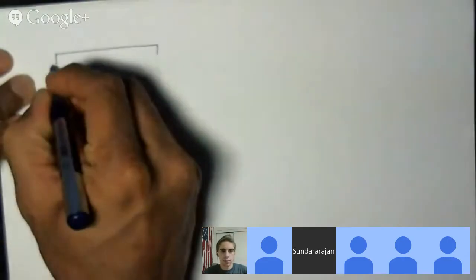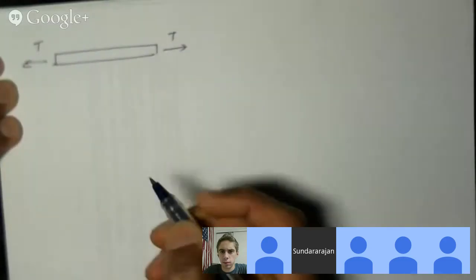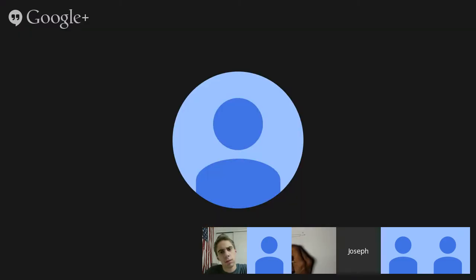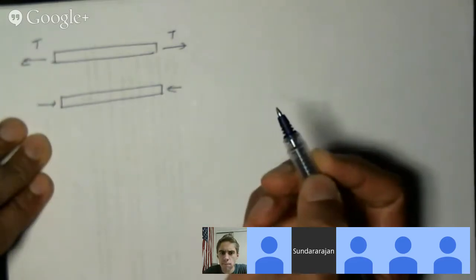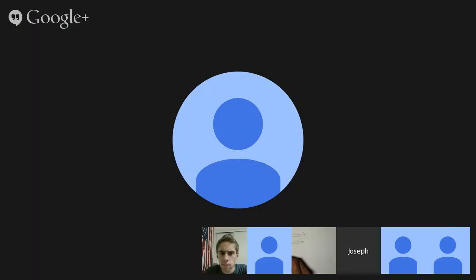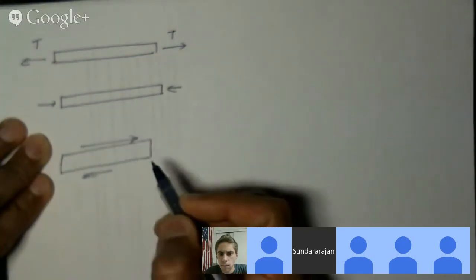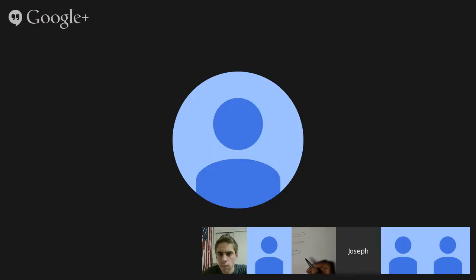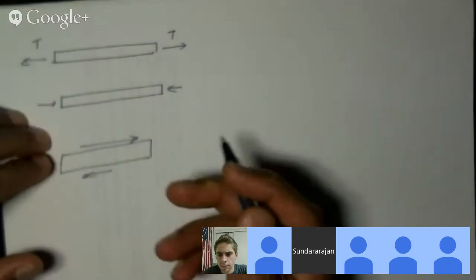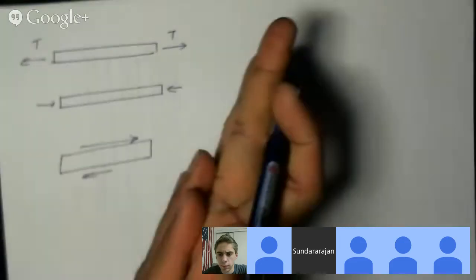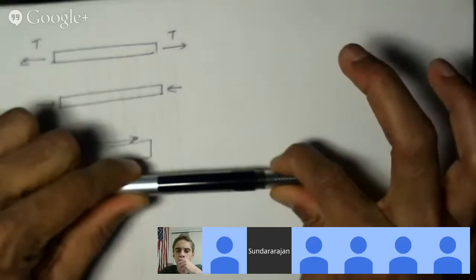You can have either tensile loading, which is like this, so you're basically pulling on a rod, or you're pushing on it on both sides, like that. Or you can shear it, and shearing basically means like this. So you're basically trying to rip it apart by sliding along like that.